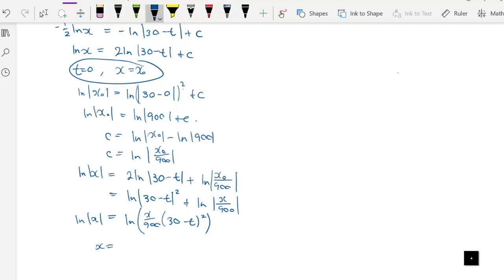So x will be equal to x0/900 times (30 - t) all squared. So here's our general solution.